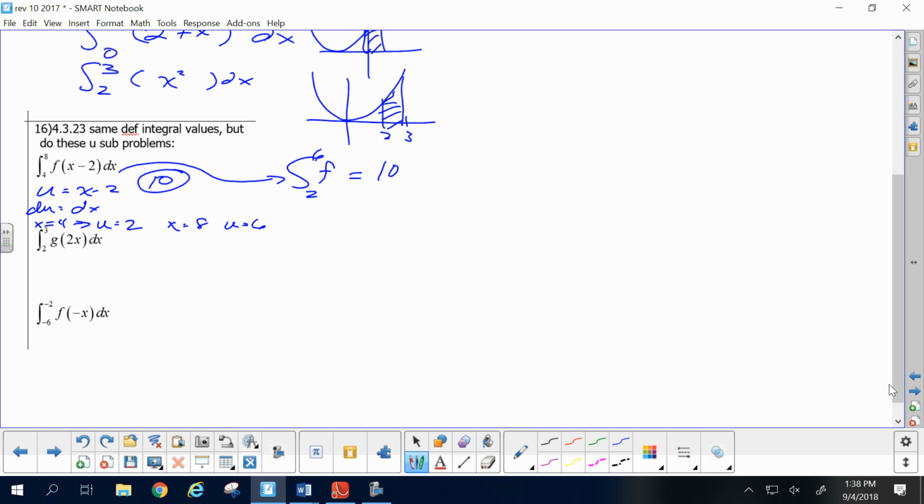Wait. Is this one I have a mistake on? Should it have been 1 to 3, I think? I think it's supposed to be 1 to 3. What's the u sub? u is 2x, therefore du is 2 dx. When x is 1, u is 2, and when x is 3, u is 6, making the integral from 2 to 6 of g of u times 1/2 du.